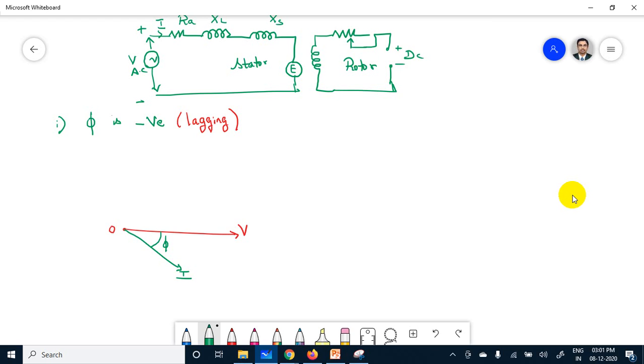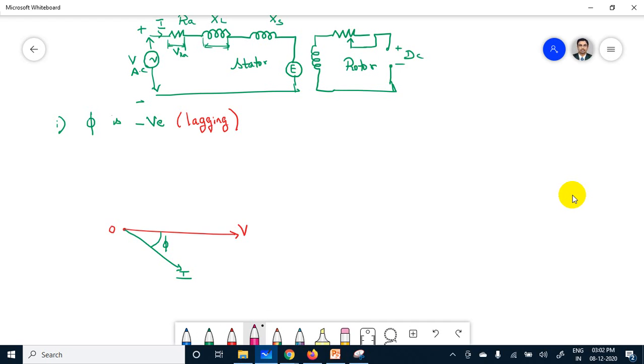Now here there will be drops in the winding arrangement. One drop will be the voltage drop across the resistance, and there will be a voltage drop across the reactance. So for every passive element there will be a voltage drop, which is the voltage we measure across the element. So how to draw that voltage drop?